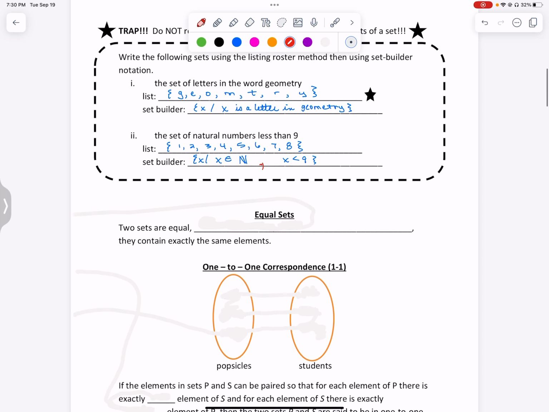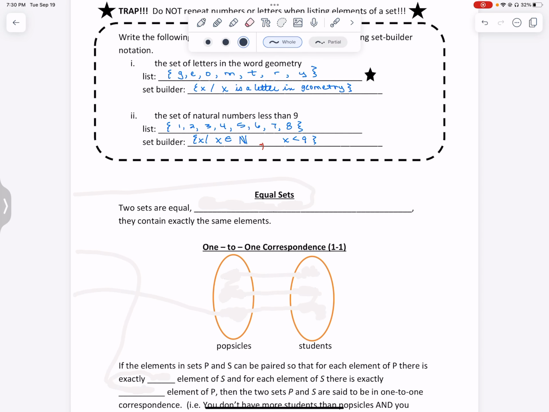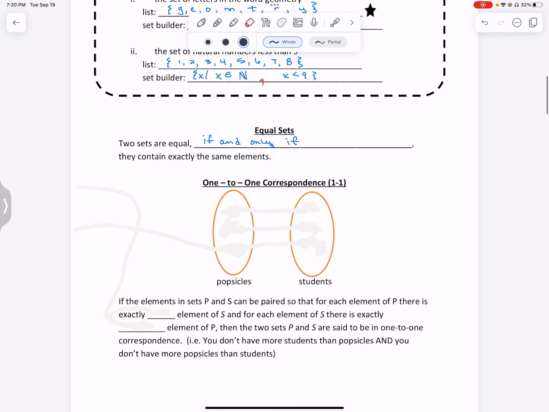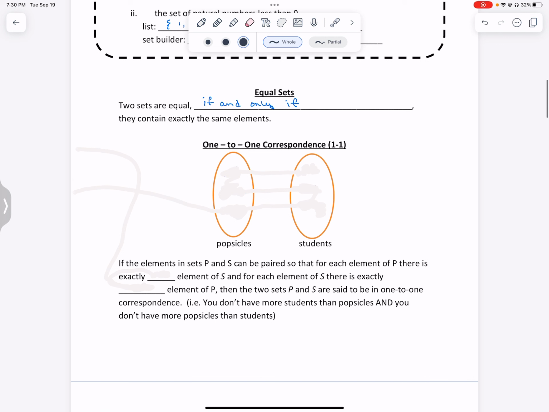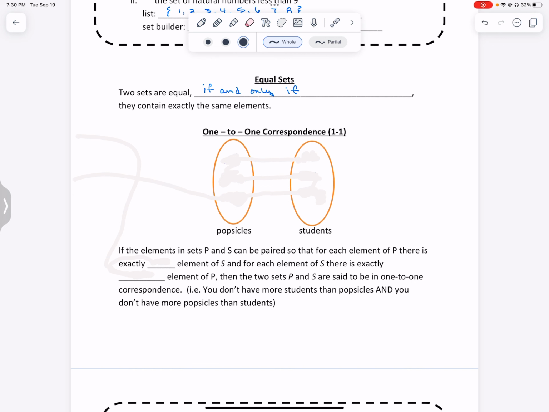All right. So how do you know if two sets are equal? They are equal if and only if they contain exactly the same elements. Notice, it doesn't have to be in the same order, but they have the exact same elements. Okay, so we have this thing called one-to-one correspondence. Here's the definition of one-to-one correspondence.